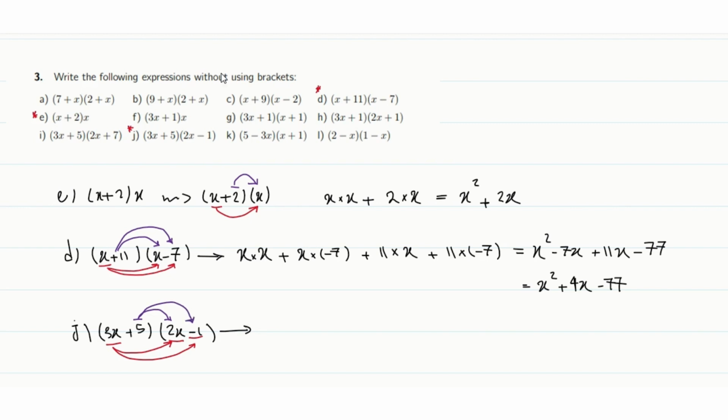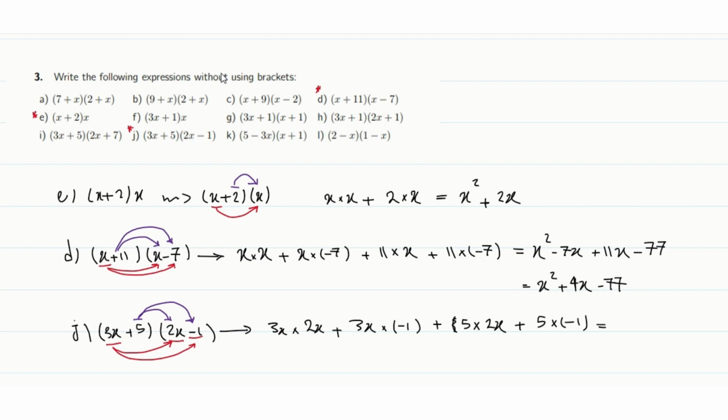So 3x times 2x, plus 3x times -1, plus 5 times 2x, and on the last term plus 5 times -1.